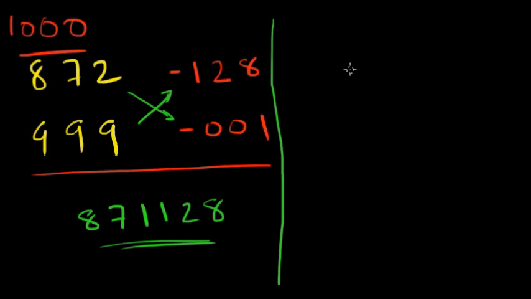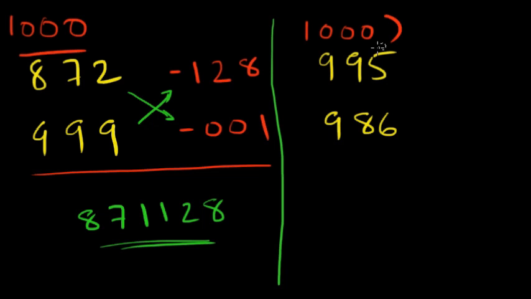Let's do a last one. 995 into 986. Once again, we identify that these numbers are closer to the number 1000, so 1000 becomes our base, and we find the complements, all from 9, so these two are from 9, and this is from 10. So 0, 0, and 5.